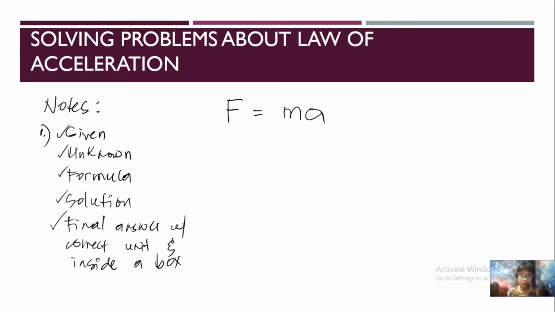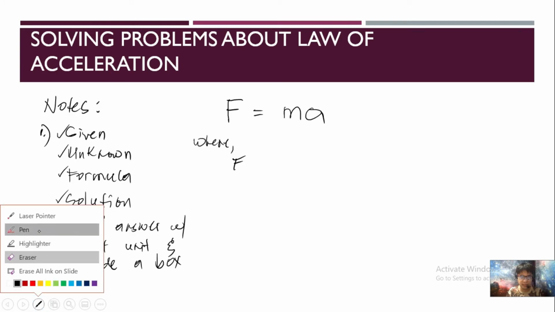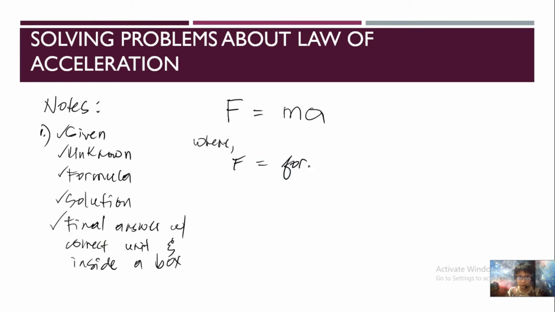Here, class, F is force, and the unit is Newton. M is our mass, the unit is kilogram, and A is acceleration, and the unit is meter per second squared.